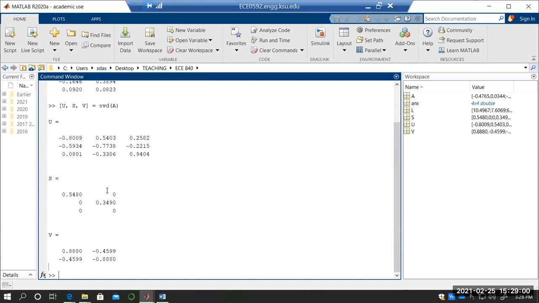So what are the basis vectors in my three-dimensional vector space? The columns of U, right? So U1 equals U all comma 1.